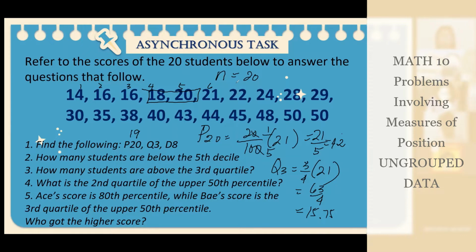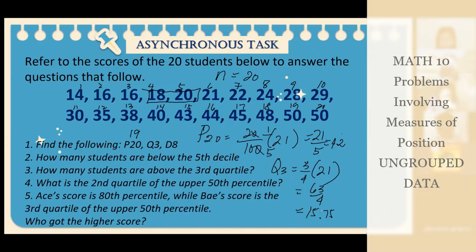Let's continue numbering this. 7, 8, 9, 10, 11, 12, 13, 14, 15, 16, 17, 18, 19, 20. So that's one technique. Also, you have to number your scores or the given values so you can see them.